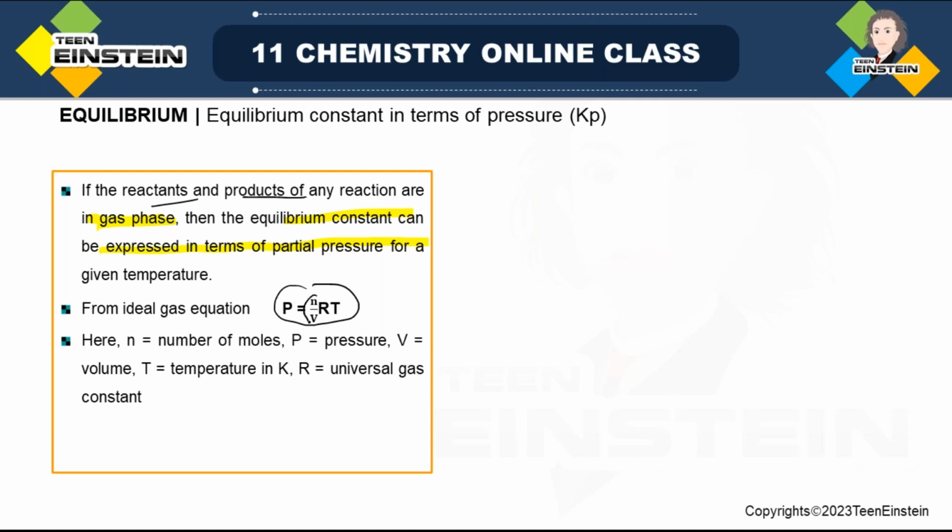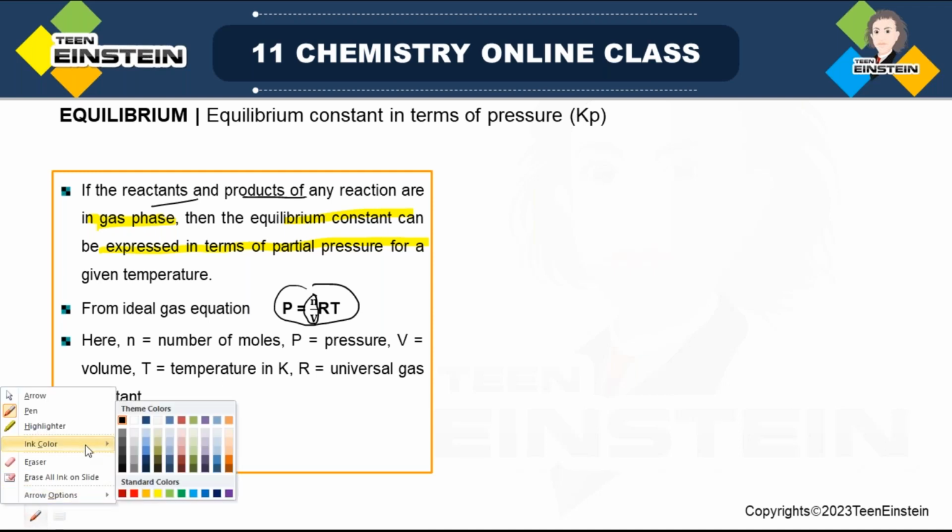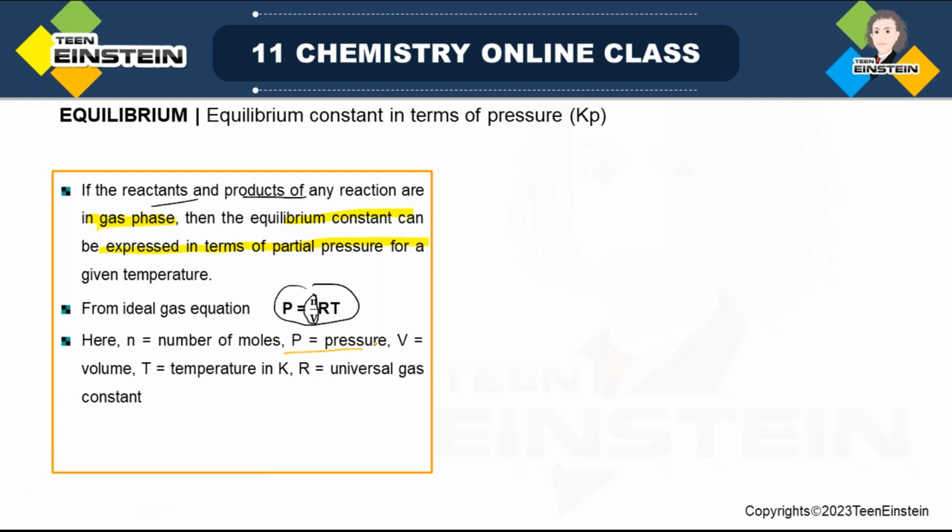Now n by V is nothing but concentration, number of moles per unit volume. So n is number of moles, P pressure, V volume, R is the universal gas constant. And remember active mass, which is nothing but molar concentration, that is actually n by V, right?